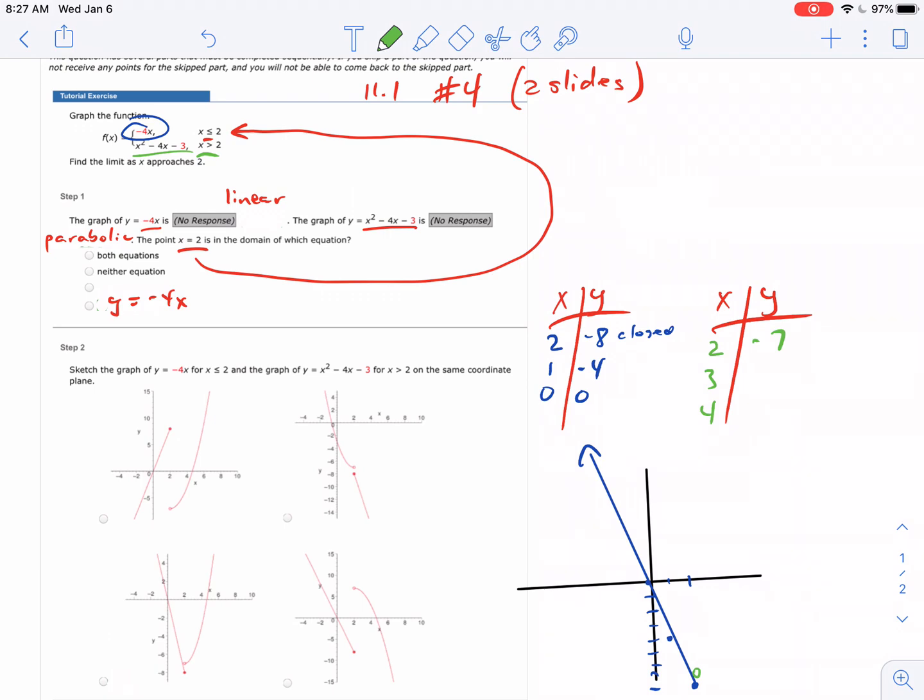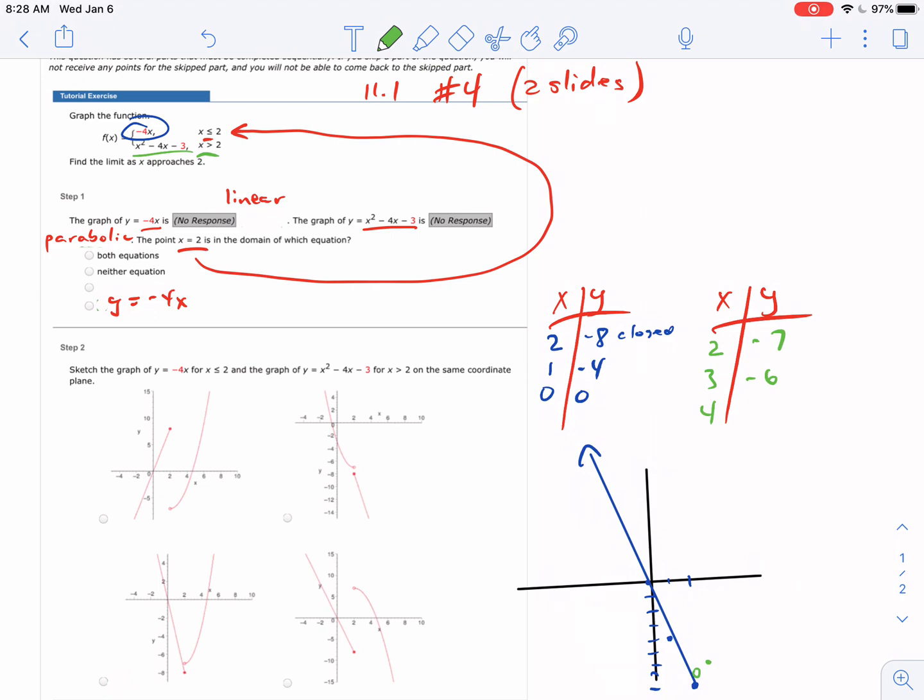And then when I put in 3, I get 9, because 3 squared is 9. Negative 4 times 3 is negative 12. So 9 and negative 12 is negative 3, and then negative 3 is negative 6. So I'm going to go up 1 there. And then if I do 4, 4 squared is 16.